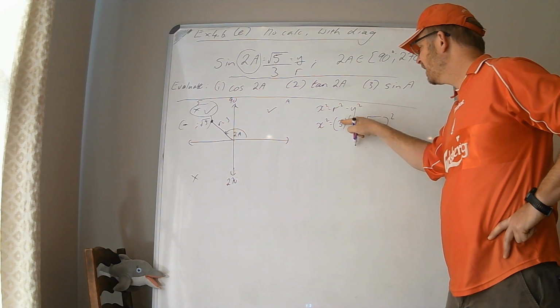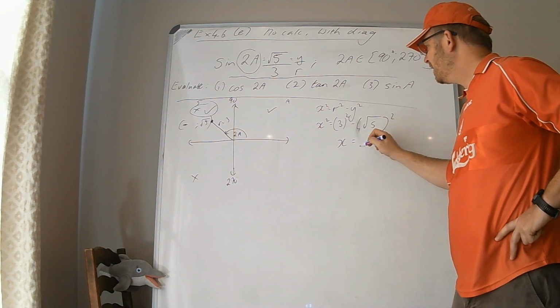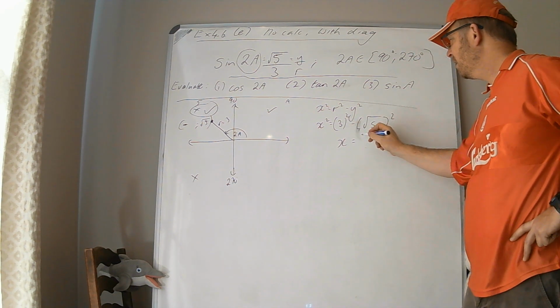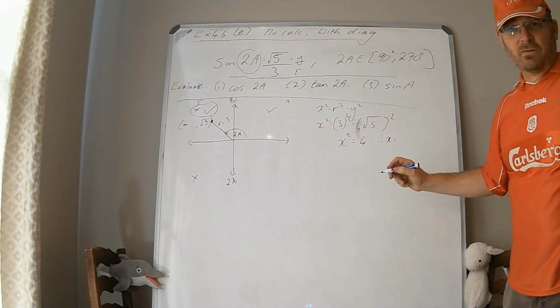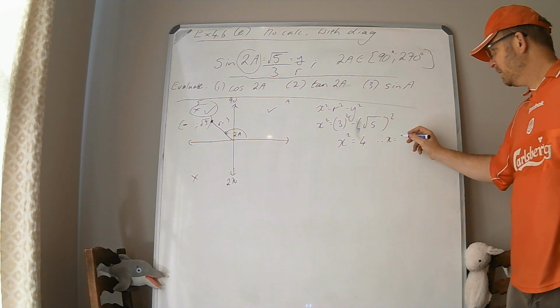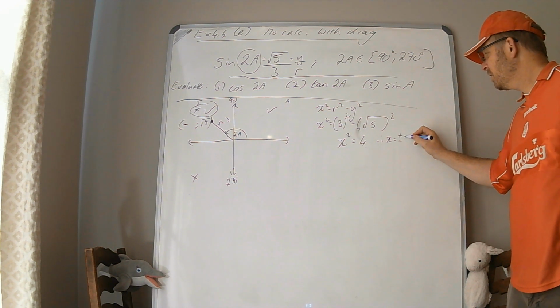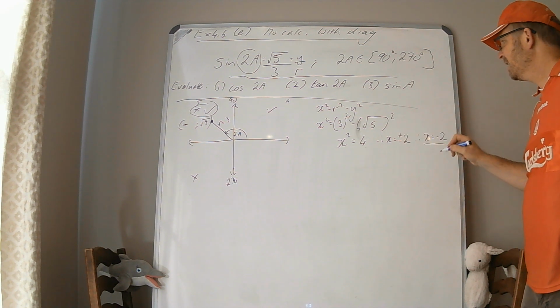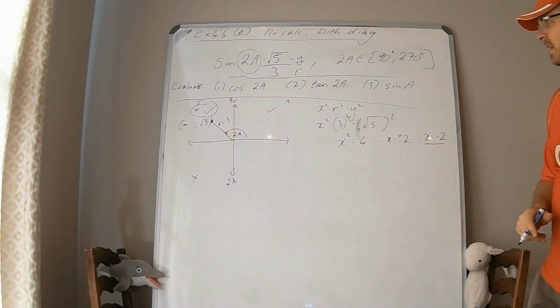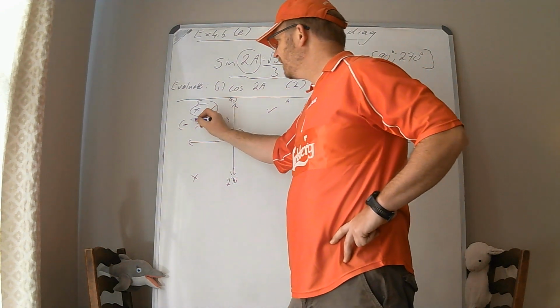So x squared is equal to 9 minus 5, which is 4. So x is plus or minus the square root of 4, so x is equal to plus or minus 2, but your diagram tells us that x must be equal to negative 2.